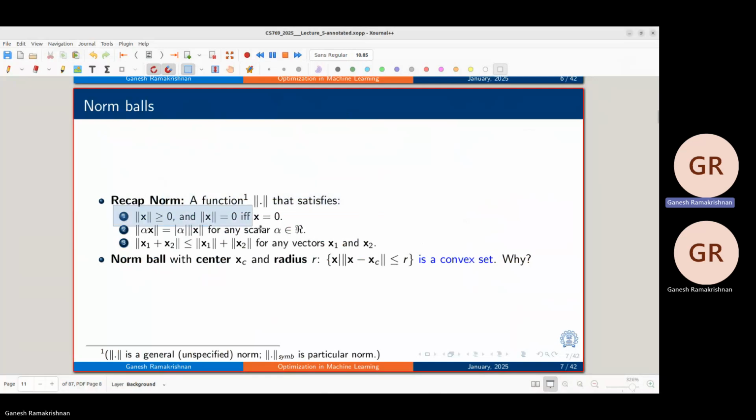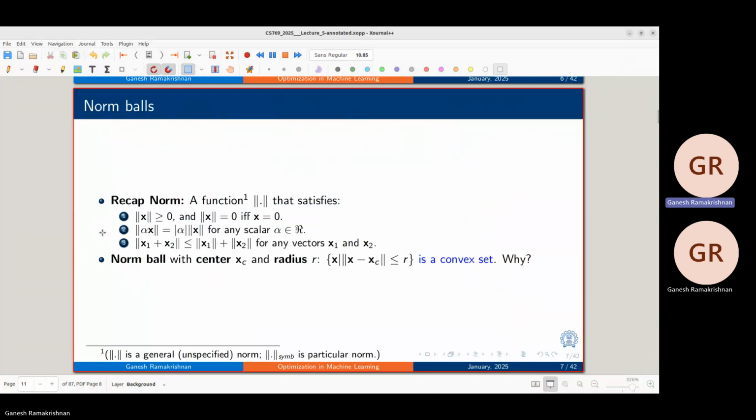A norm is one which has non-negativity: norm x is greater than or equal to 0. Multiplication by a scalar will give you what? The norm is going to be just multiplied by that scalar.